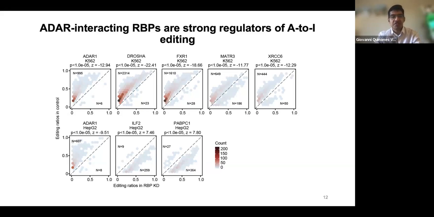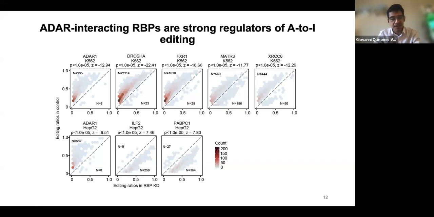And of course, if an RBP has a direct interaction with ADAR, then it's natural to wonder if they're also having a role in RNA editing. From our data set, we identified 18 RBPs that were ADAR interacting. And from those 18, 8 of them had very significant changes in RNA editing.